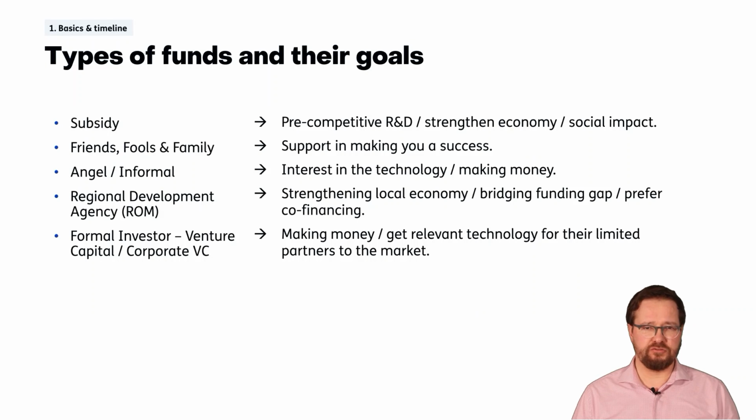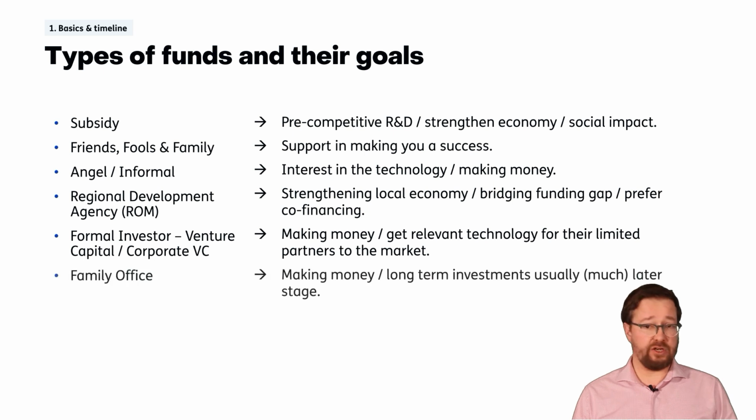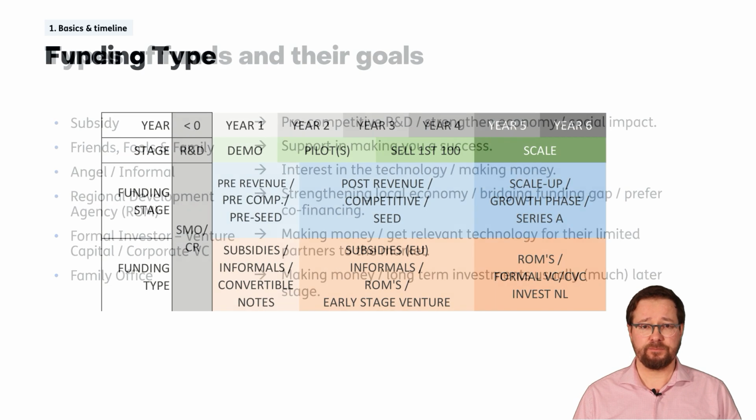Because of the high risks involved, they are usually specialized in a focus area like enterprise software, semicon, software apps, sustainable innovations, etc. The last type of funding available are family offices. They usually are more interested in later stage, longer term investments, although they occasionally do early stage investments. For all categories I mentioned, these are the typical stages in which investors invest, but there may be exceptions.